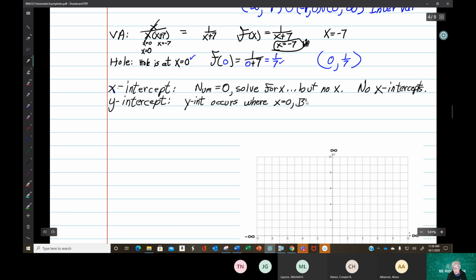But x cannot equal 0 in this problem. What do we do? It means we're not going to have a y-intercept either. Is that legal? Yeah.